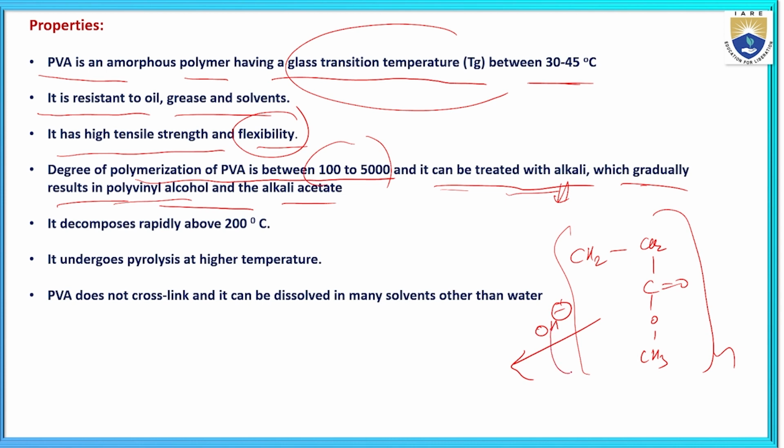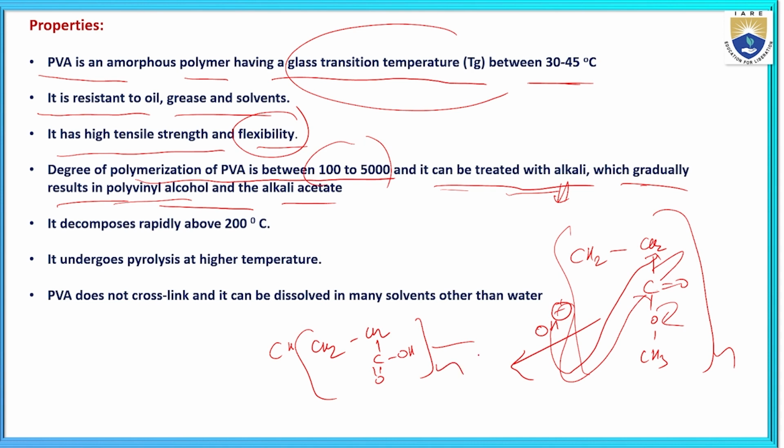Here the OH minus will attack, and an O minus forms. It gradually forms polyvinyl alcohol. So this OH minus attacks here, and it will form CH2, C double bond O, OH.